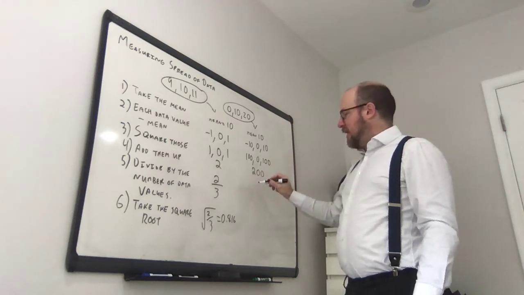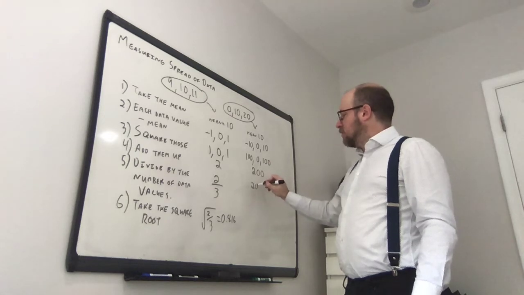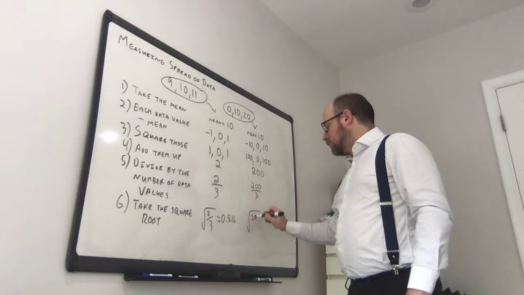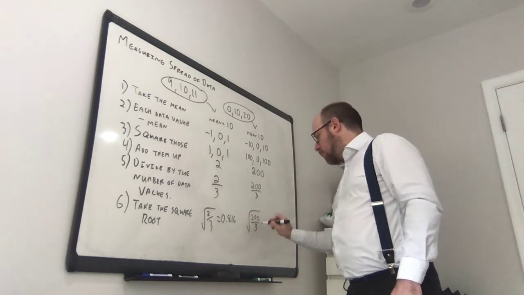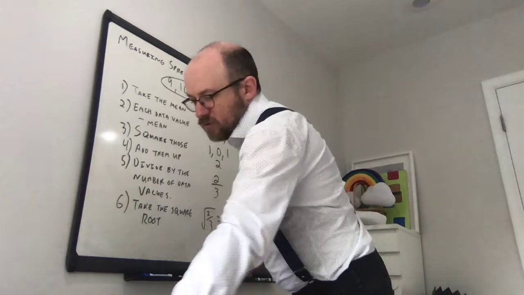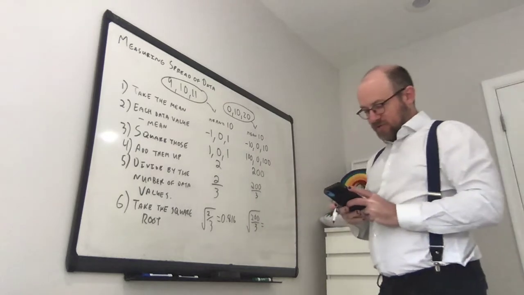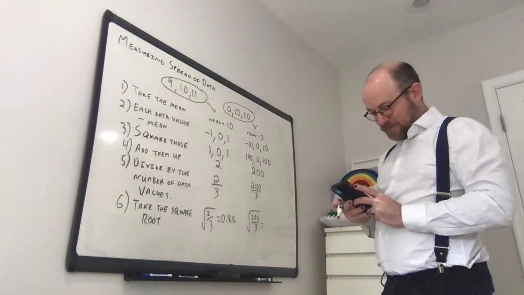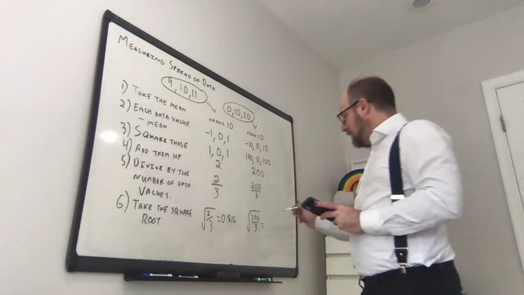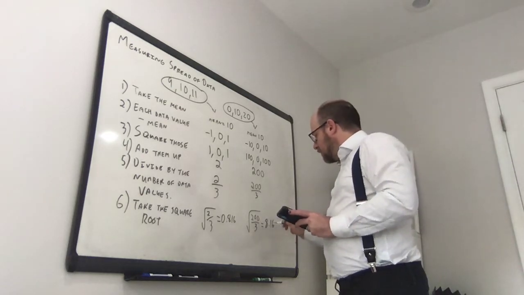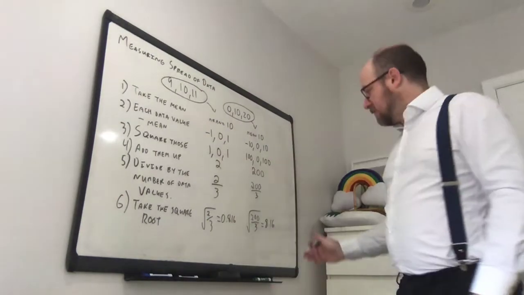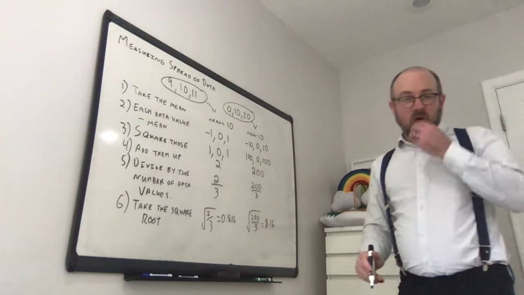Divide by the number of values, so there are 3 values still. 200 divided by 3. And then we take the square root. And so the square root of 200 divided by 3 is quite a bit larger, 8.16. Okay? So you can see this is a factor of 10 larger.